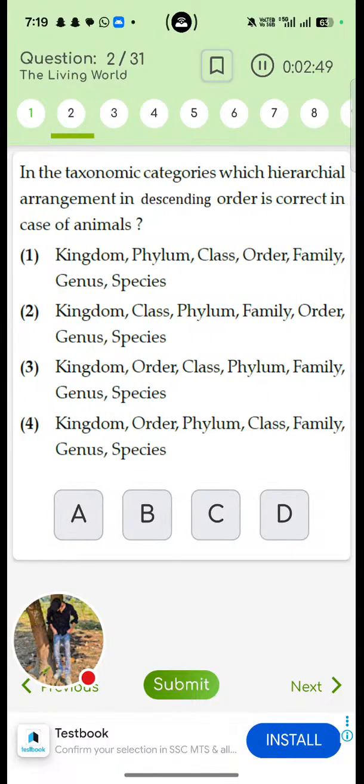Next, in the taxonomic categories, which hierarchical arrangement is in descending order in the correct case of animals?